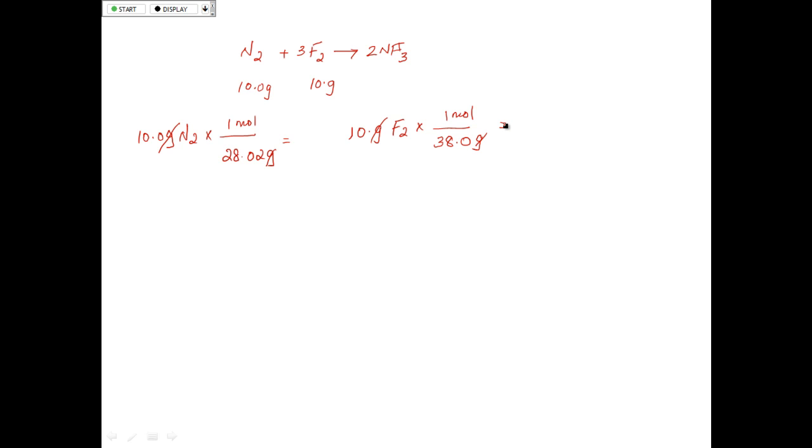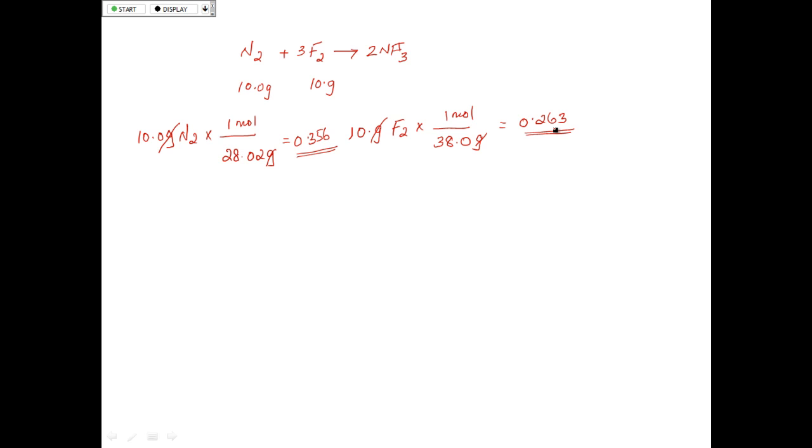So this is the first step, converting the mass of both reactants to moles of both reactants. So how many moles of each do you have? Nitrogen we have 0.356, and fluorine 0.263. Okay, so instead of grams now we have both reactants in number of moles.